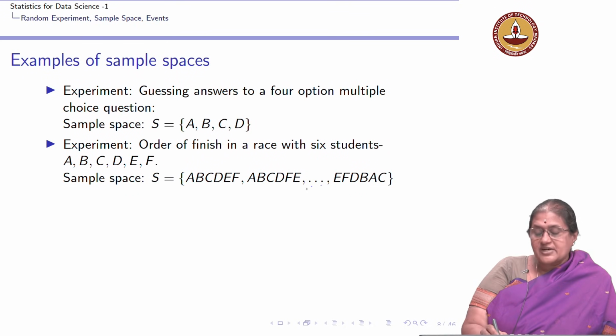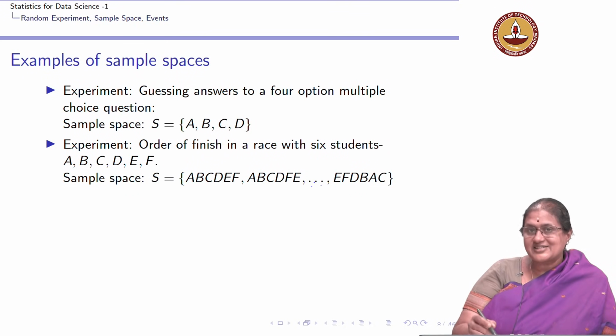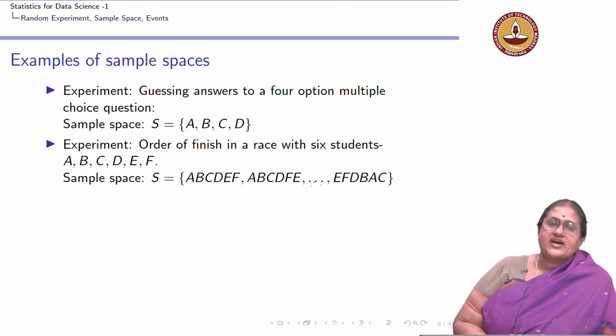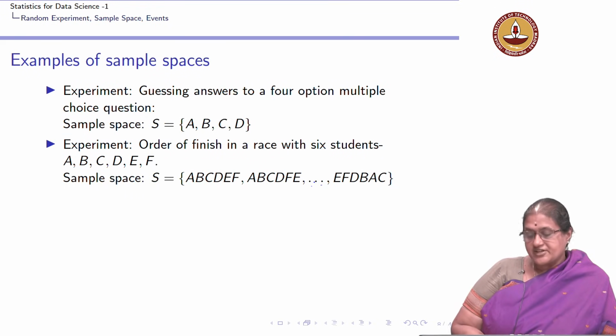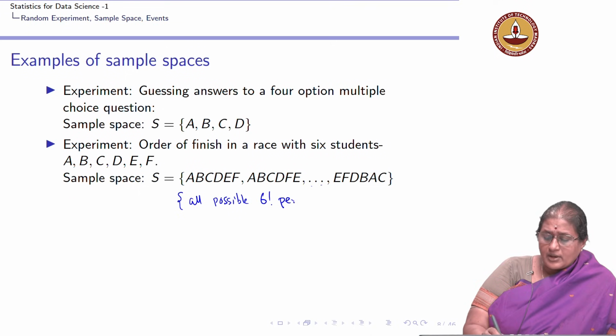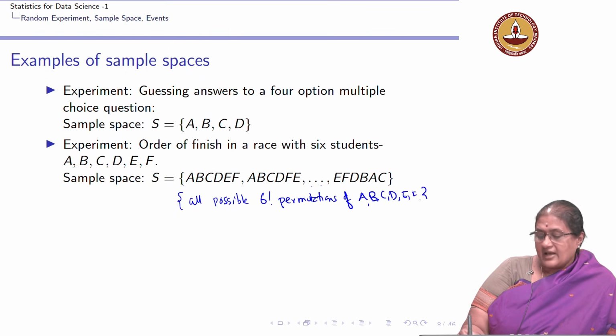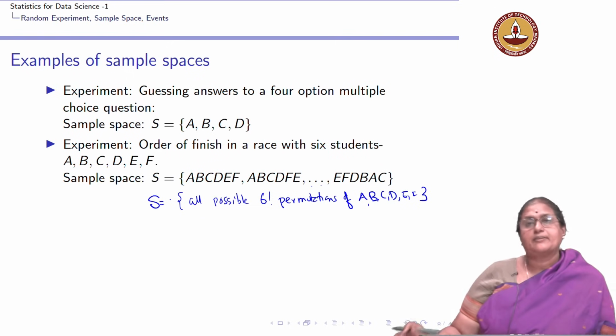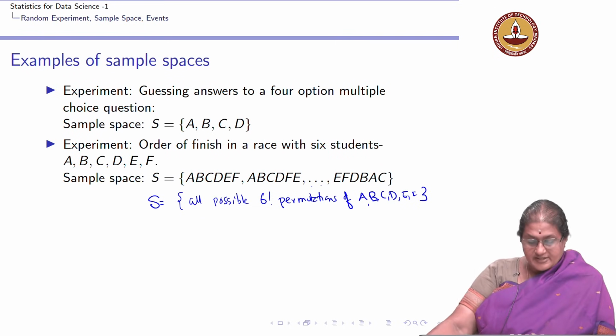These dots represent all the others, since I am not listing all 6 factorial elements here. Or I can write it as all possible 6 factorial permutations of A, B, C, D, E and F forming my sample space in this case.